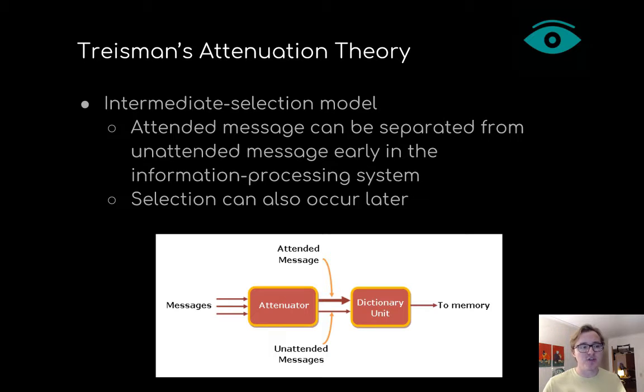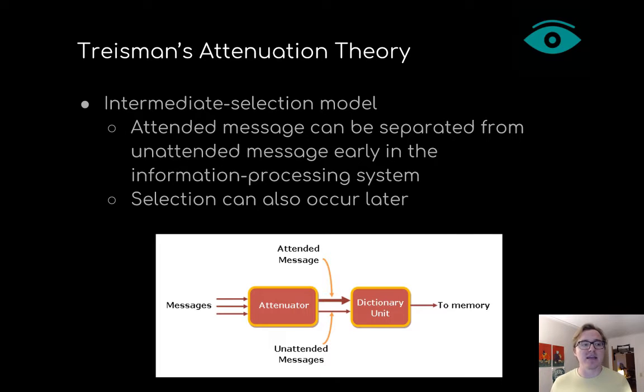So rather than just a filter blocking any information that's not deemed to be salient, all of that information is getting through, and the attenuator acts as kind of a volume dial. If something is attended, the volume is higher. If something is not attended, it's lower.